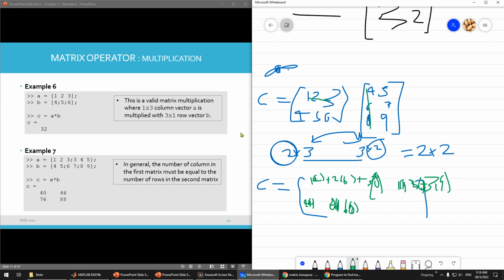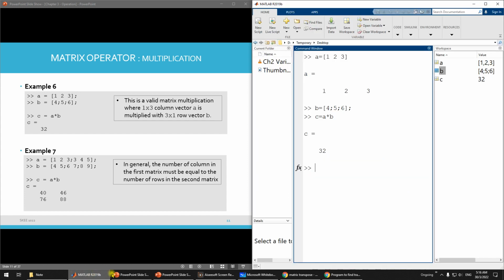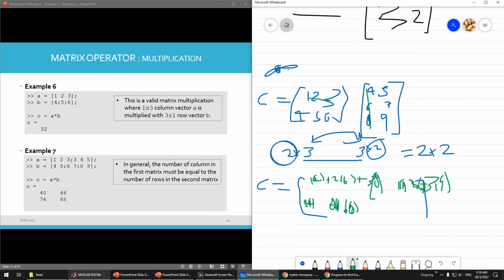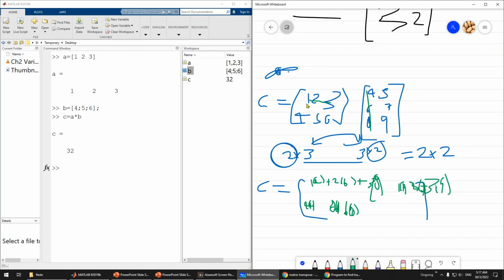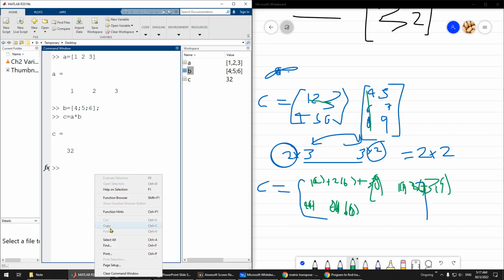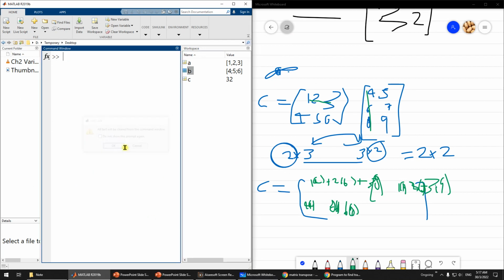So make sure you know how to calculate manually, and of course how to insert this value into MATLAB. So you usually give something like this. You have to convert this into MATLAB code. So you can see here A is equals to, open bracket, 1, 2, 3, finish the first row first, and then semicolon, 4, 5, 6, the second row for this one.